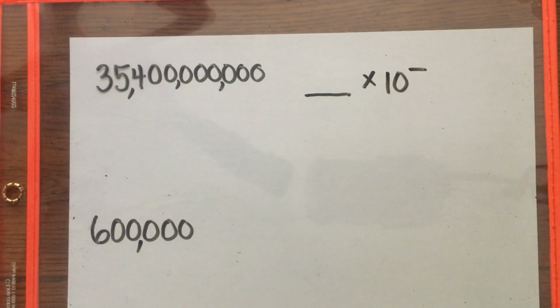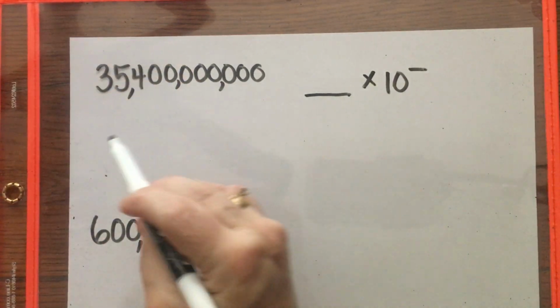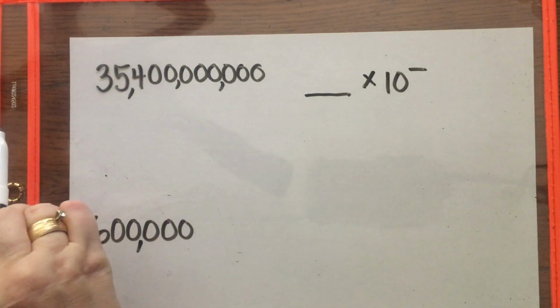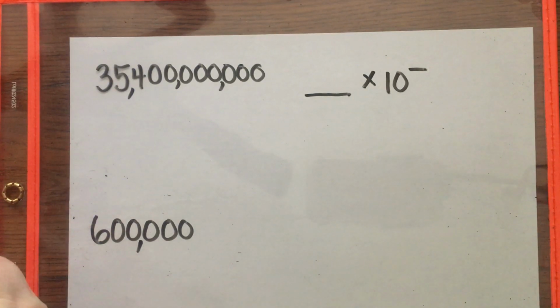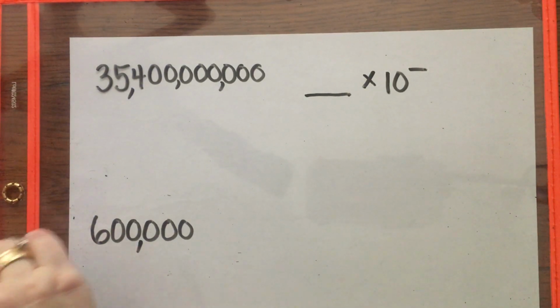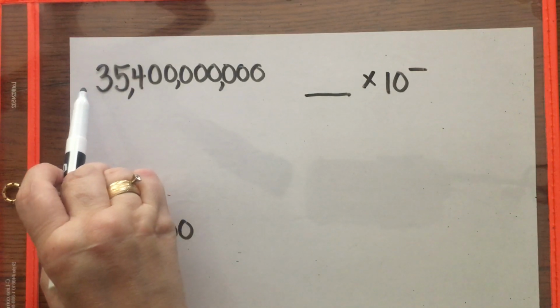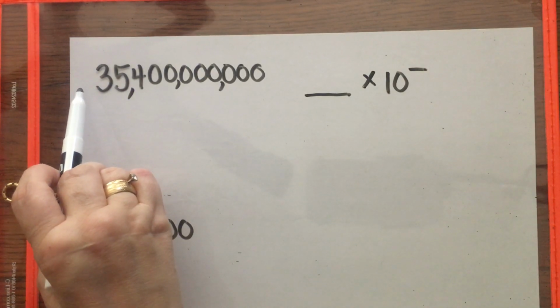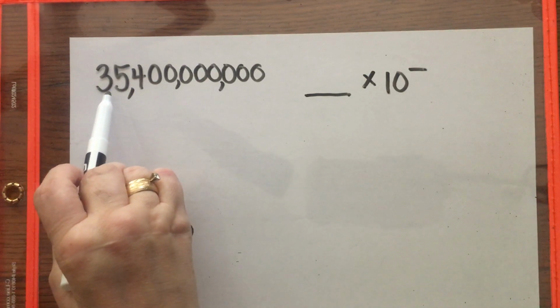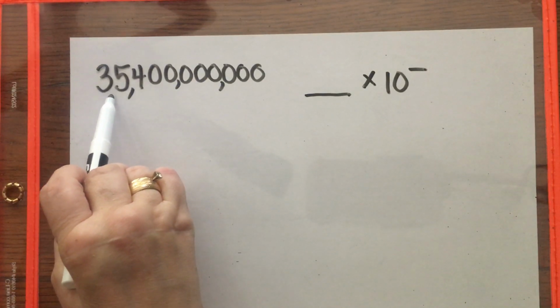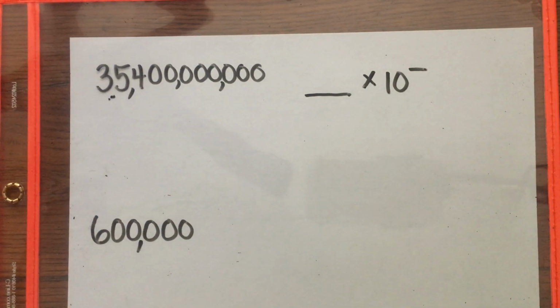So those are the two numbers I need. So I need to look at this and figure out where I'm going to get my mantissa from. So when I'm looking at this, I kind of work backwards. I pretend my decimal point's here, and then I move it over. So if I put my decimal point here, that gives me 3.54000000.